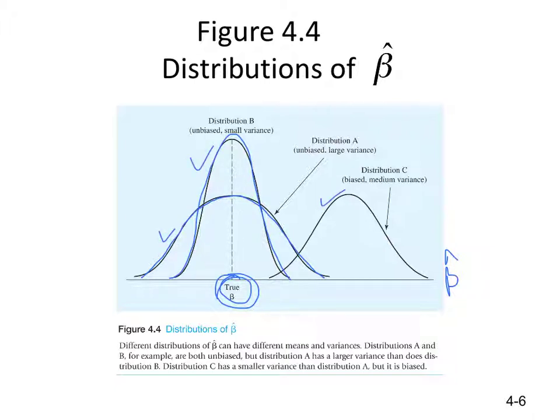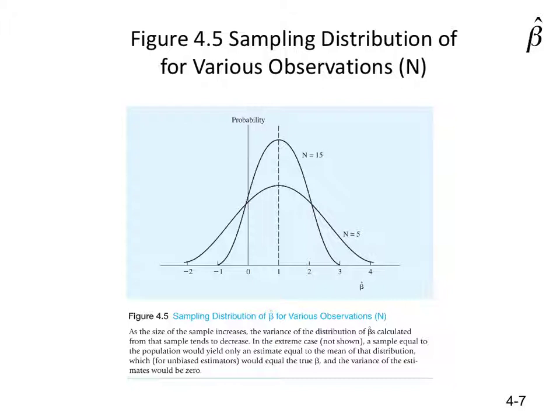Here we have a biased estimator because it's not centered on the true value. And here is the property of consistency: as you raise your sample size, you are going to get a narrower band of estimates, a smaller variance, and greater probability that it lies near the mean.